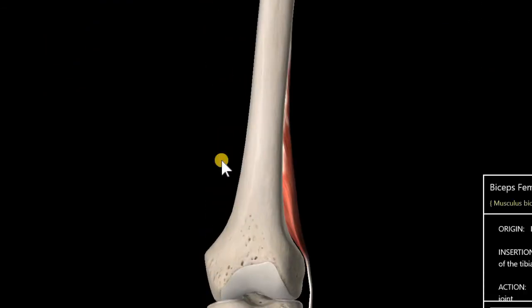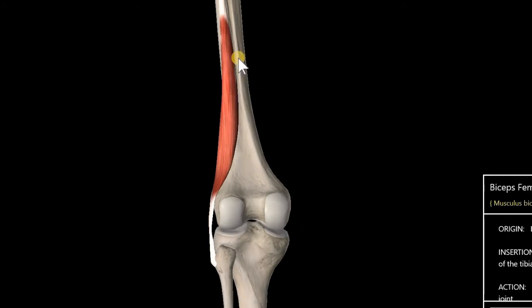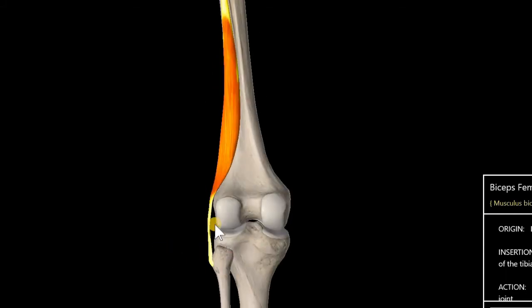It has its origin on the posterior femur, the linea aspera part of the femur, and insertion is on the head of the fibula. Its action is, it only crosses one joint, so it will be flexion at the knee.